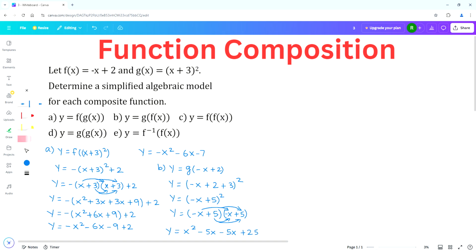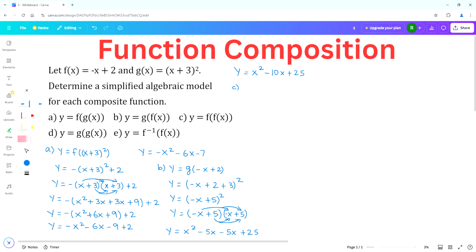We can combine the like terms. -5x - 5x is equal to -10x. This should be the final answer for part B.